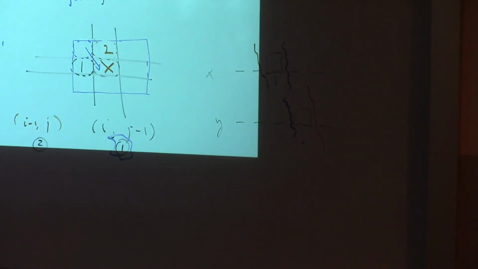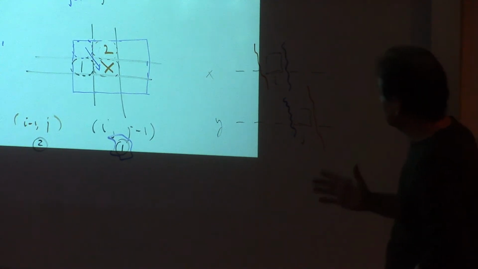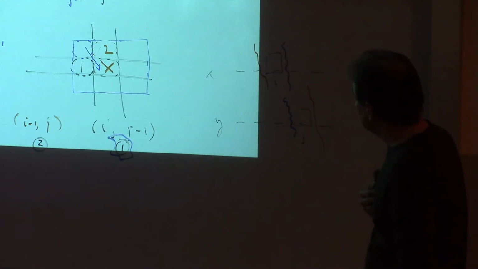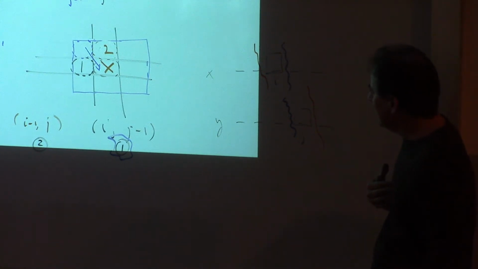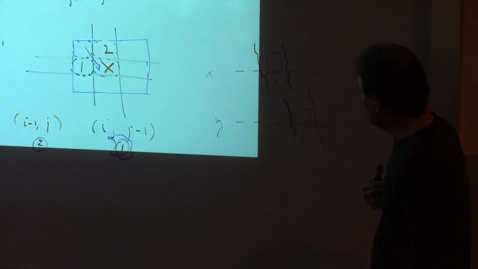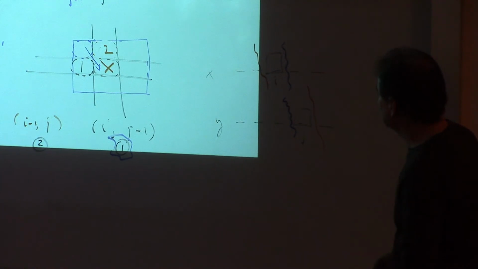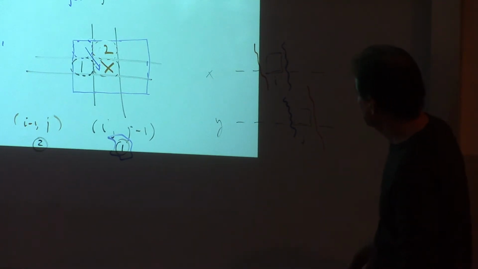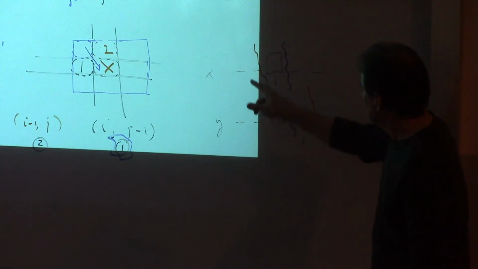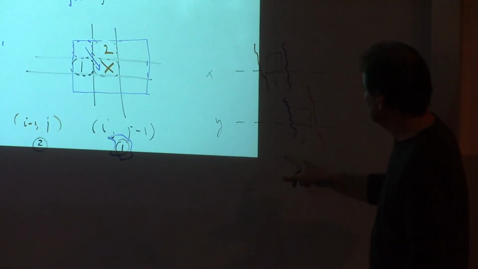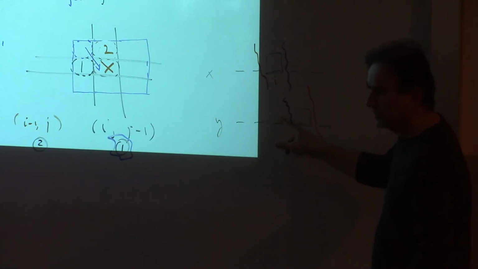Well, what do you think? Okay, it is possible. Actually, it is possible. So let's see what could happen. Let's look at the blue one. The blue one has a 1. So for instance, let's say the only character in the blue string that matched was this one matched to this one.